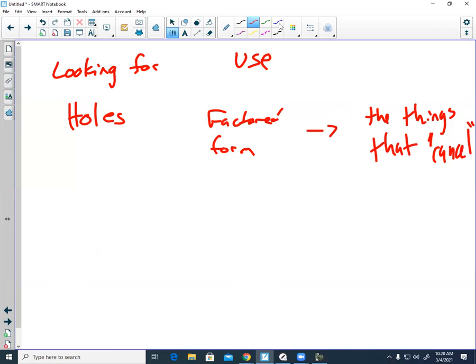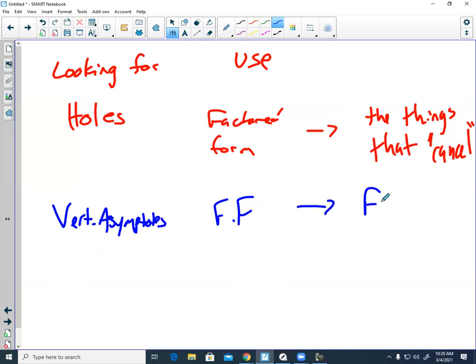If you're looking for vertical asymptotes, you again use the factored form. And these are the factors that don't cancel.